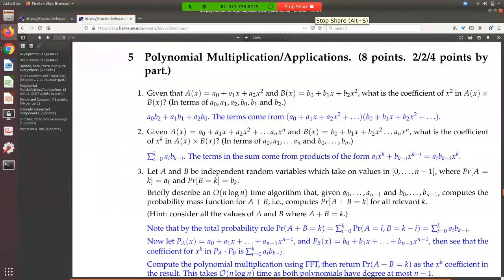So you can see the first one, we're looking for the coefficient of x squared, right? a0 b2 plus a1 b1 plus a2 b0. That makes sense. The next part asks you to generalize it. Essentially, it points out that you take all of the pairs of coefficients where the exponents add up to k in order to get the coefficient on x to the k.